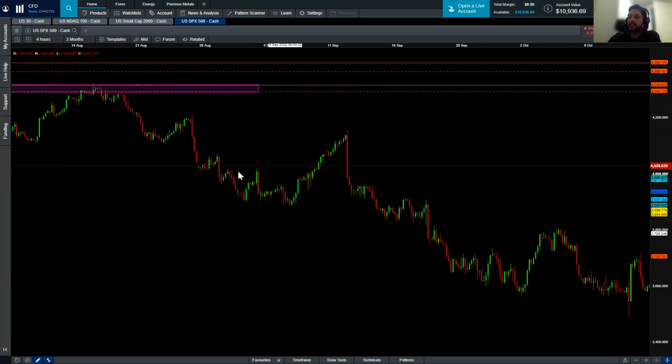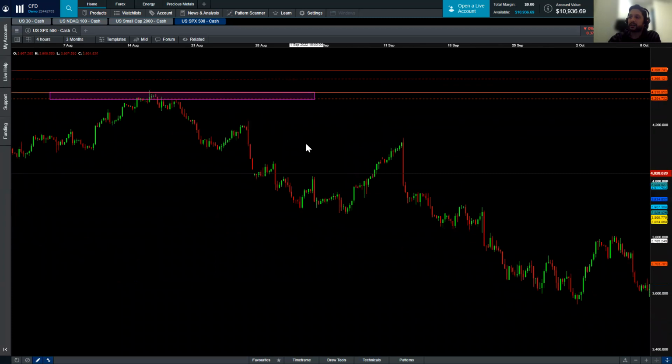Here's the base coming down, base coming down, base coming down. No, this we call a fake demand and supply area. Why? Look at the movement. The movement is coming down sharply, which is a good formation with very small candles. But the next movement is not enough. Just one candle and then the market retraced back up and tested this base area.